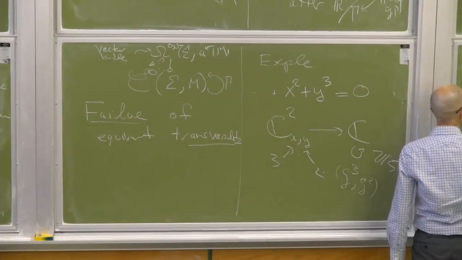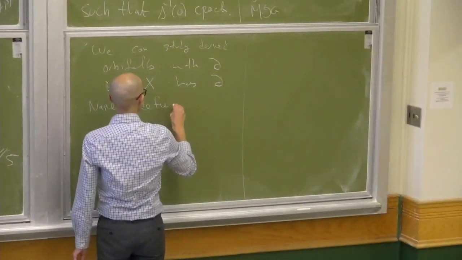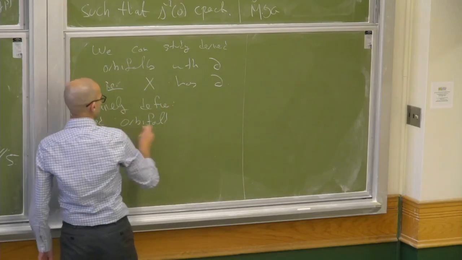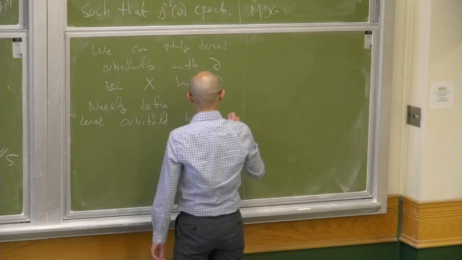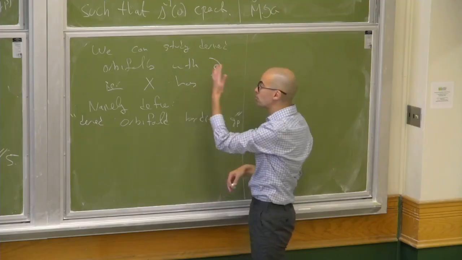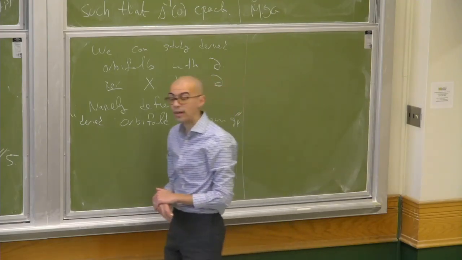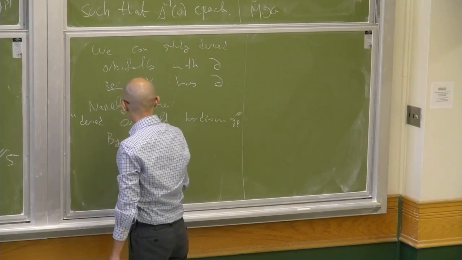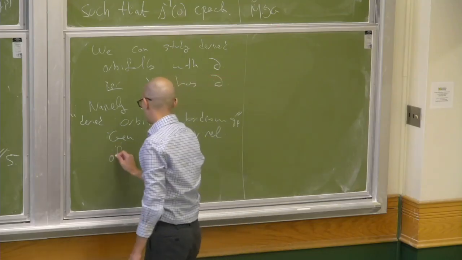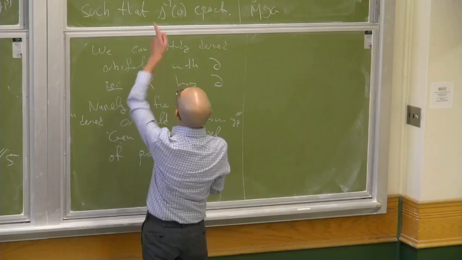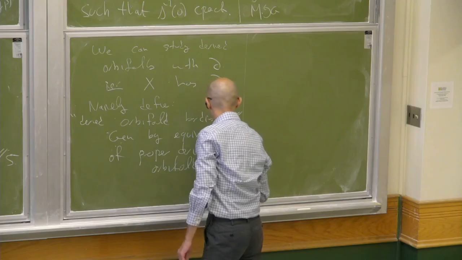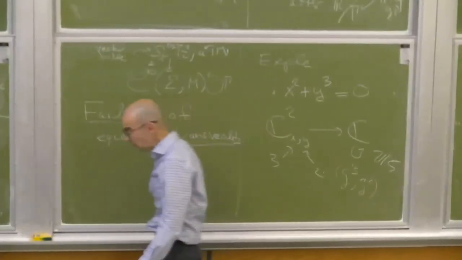We can naively define some kind of derived orbifold bordism group, to be the bordism group of proper derived orbifolds, generated by equivalence relations, killing the things which are boundaries of things which are one dimension higher, that is, proper derived orbifolds mod boundary. But that is the wrong notion.